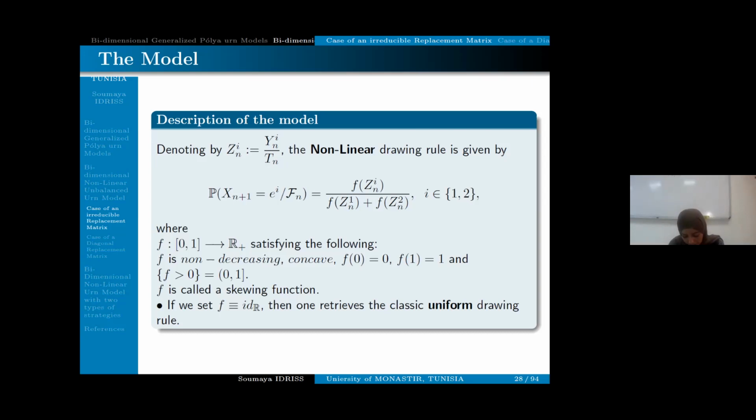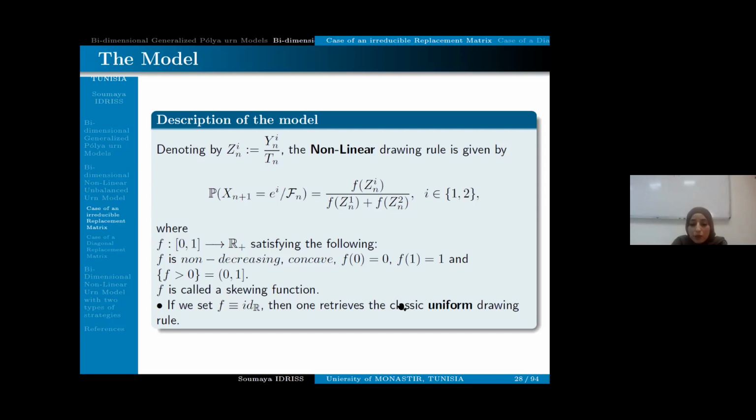Other questions? Hi, Hanan. Bravo, Soumaya, it was very good. One naive question, please. Do you have an intuitive explanation for the convexity assumption necessary for the uniqueness of the mean field equilibrium point? Slide 13, I think.